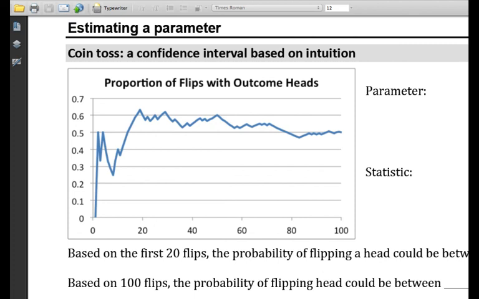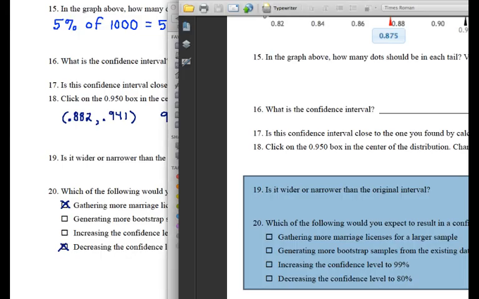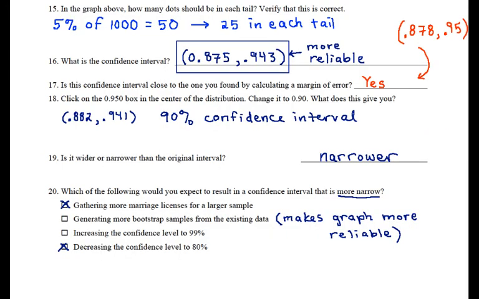We had a really wide confidence interval when we were only looking at the first 20 flips, but we got a much narrower confidence interval if we allowed ourselves to look at the first 100 flips. So getting more data does get you a more narrow confidence interval. As n increases, your margin of error decreases.